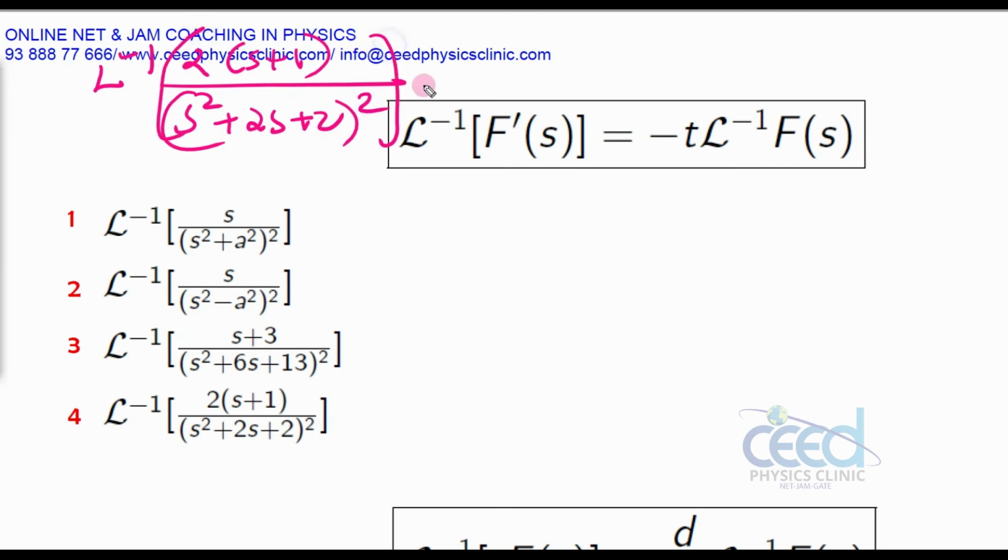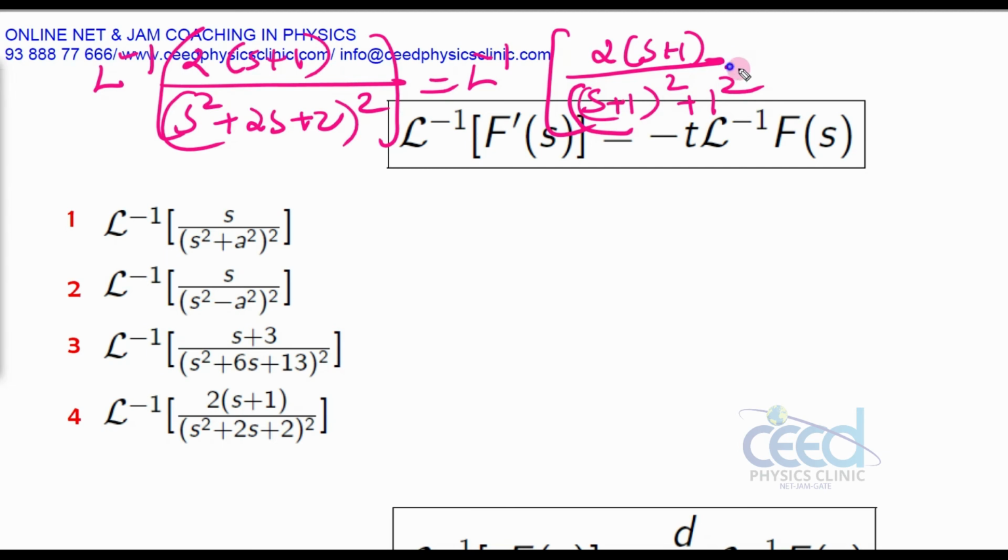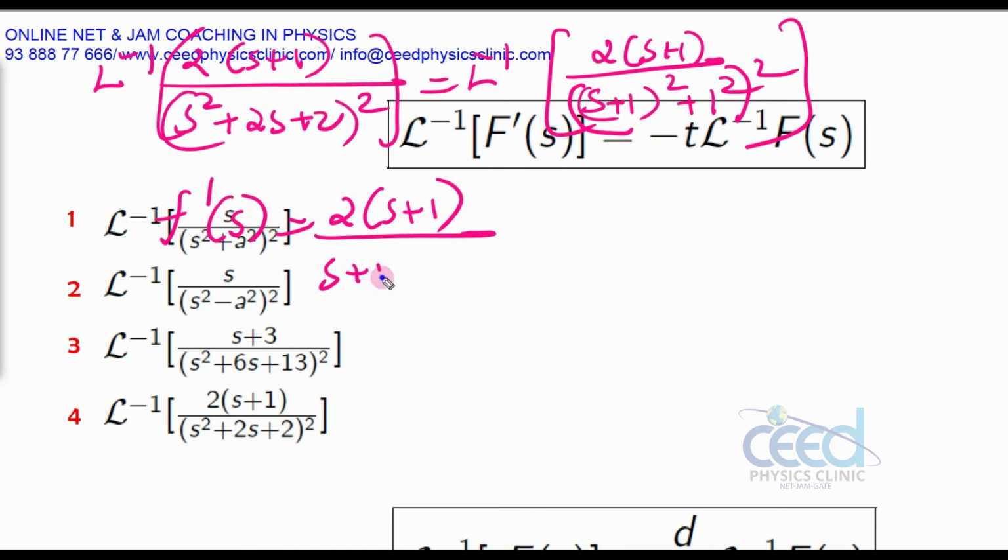This also I can write in the standard format, that is 2 into s plus 1 divided by s plus 1 whole square plus 1 square, whole square. Now to do this, I consider f dash as 2 into s plus 1 divided by s plus 1 the whole square plus 1 square.